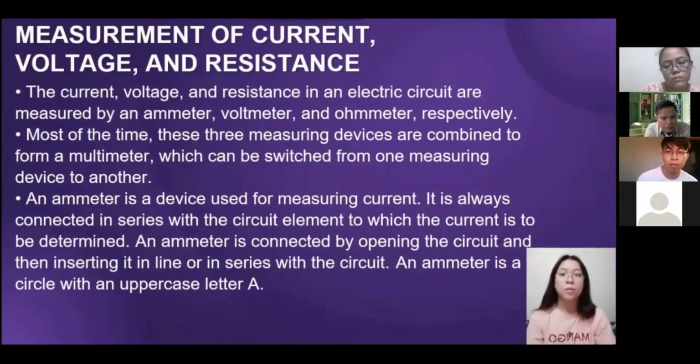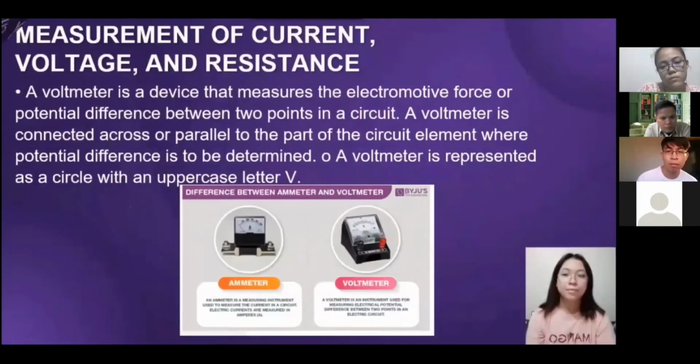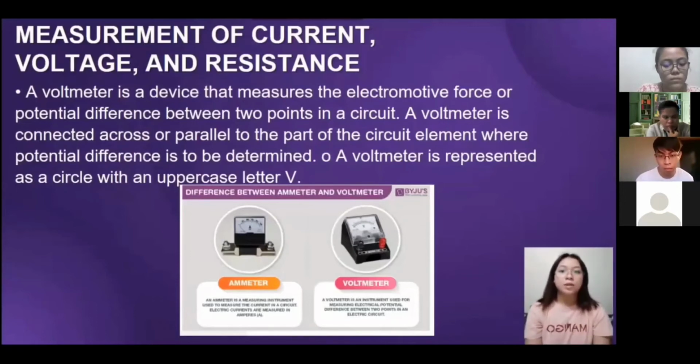An ammeter is represented as a circle with the uppercase letter A. A voltmeter is a device that measures the electromotive force or potential difference between 2 points in a circuit. A voltmeter is connected across, or parallel to, the part of the circuit element where potential difference is to be determined. A voltmeter is represented as a circle with an uppercase letter V.